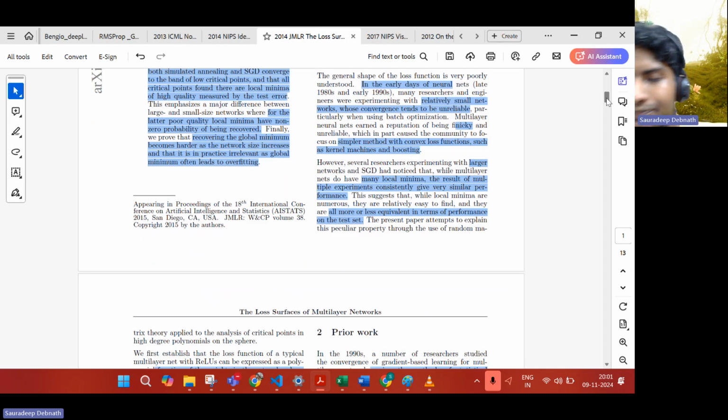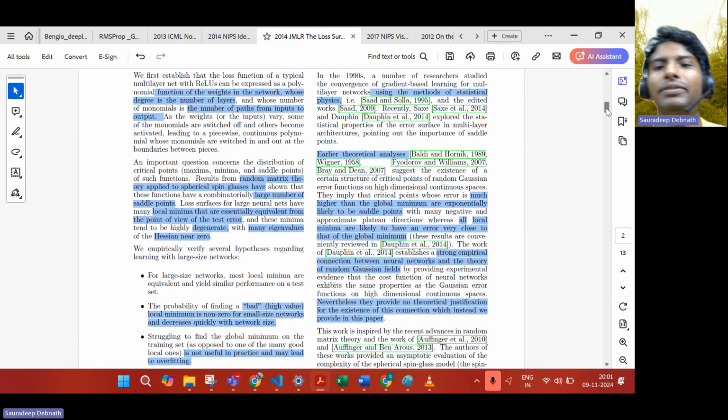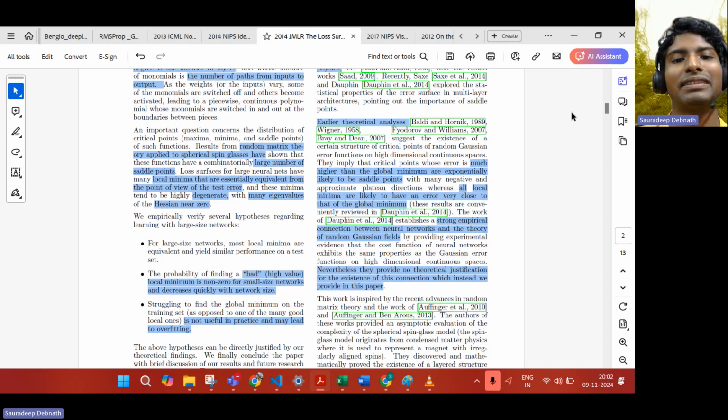Firstly, they found that how bad these local minima are really depends on how deep the network is. For a very deep network, the local minima become progressively better and better. So for all practical purposes, in deep learning, we don't really need to find a global minimum. Local ones are good enough.